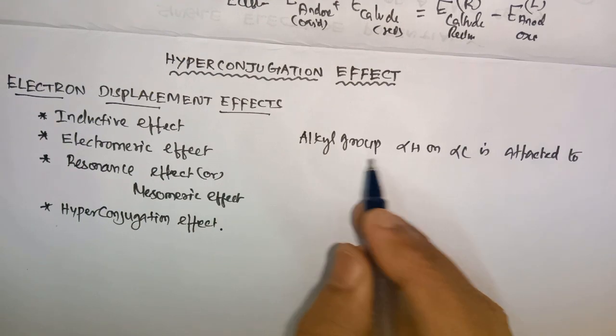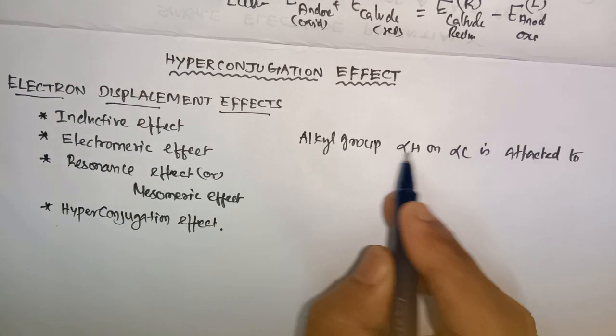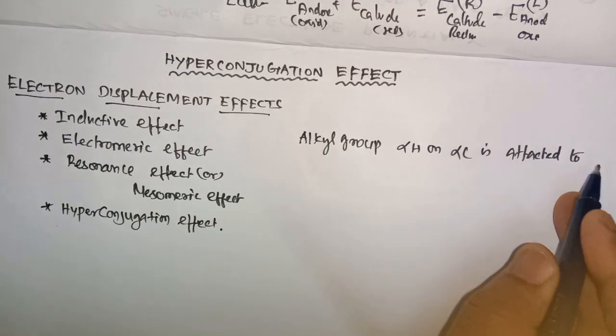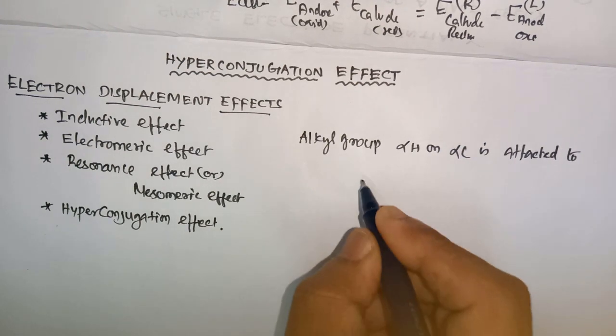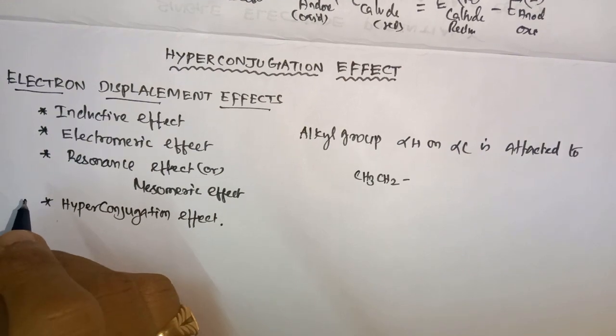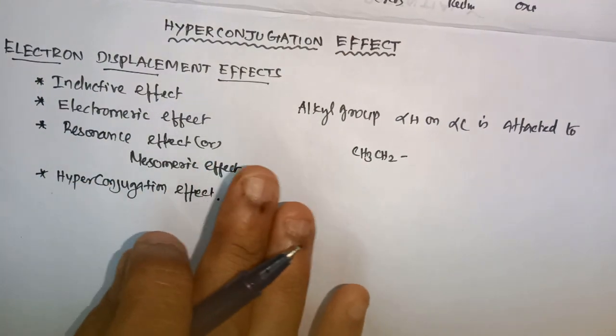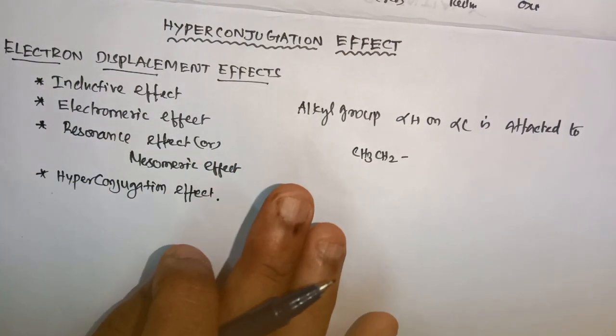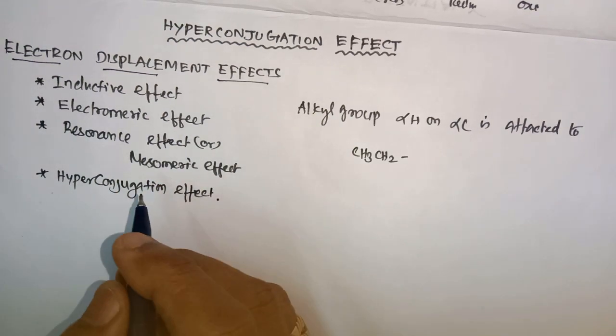Suppose I take, you see, CH3 CH2. I will tell you what is called the alpha carbon. All these things I will tell you here. This is the alkyl group I take.